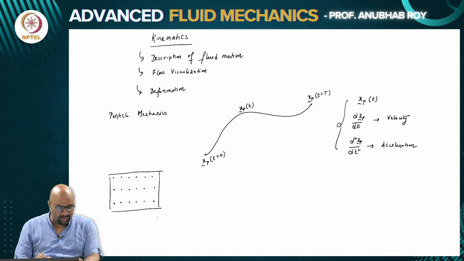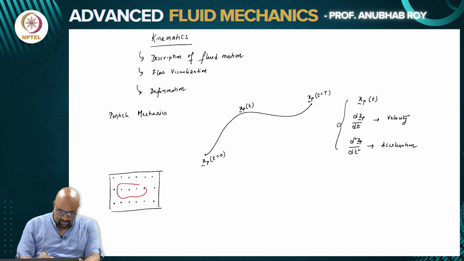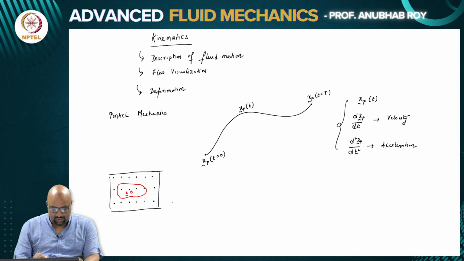Let us mark out a particular region, and let us choose a point O which has a coordinate A. You can think of A as the position A1, which has components A1, A2, A3.